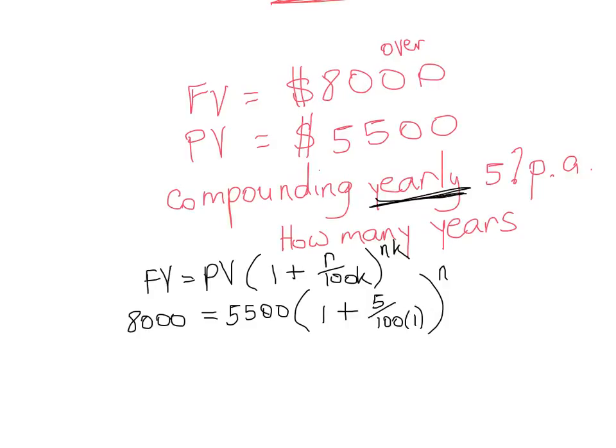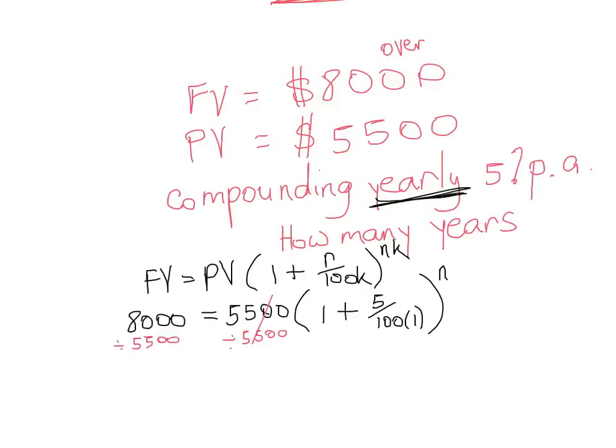But let's get this as simple as we can possibly get it before we try random numbers. Try and fail and try and fail and then try and succeed. Let's actually try first to simplify. So let's divide both sides by 5,500. Ignore my whistling telephone.